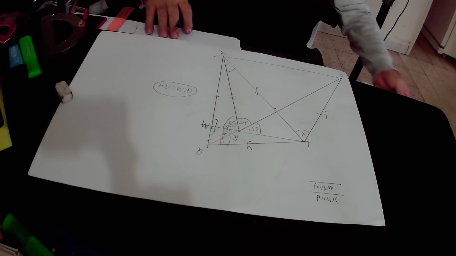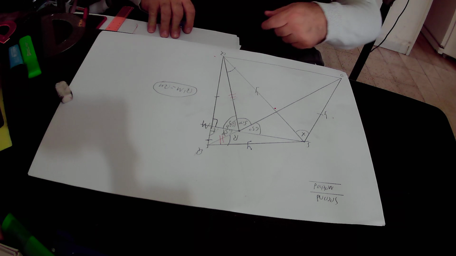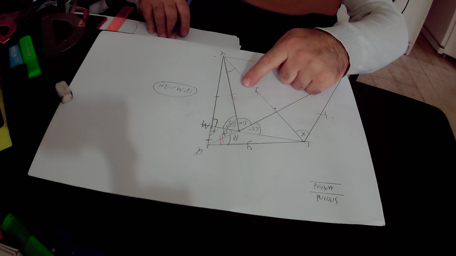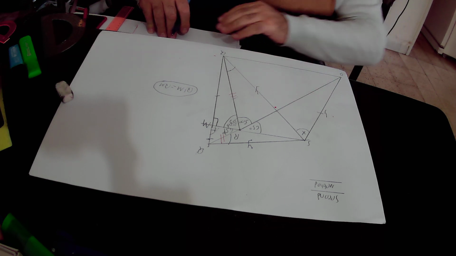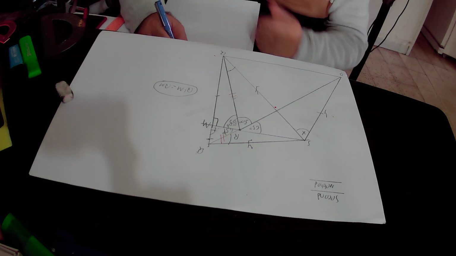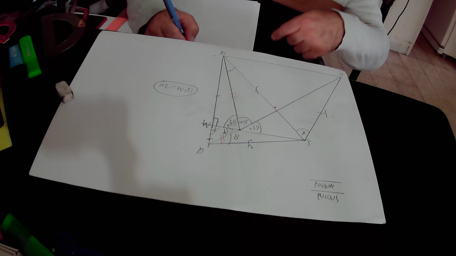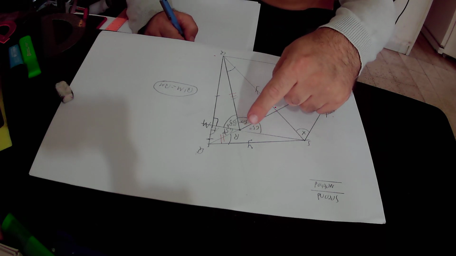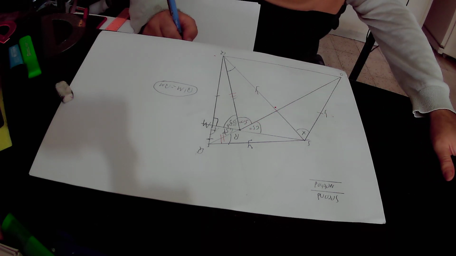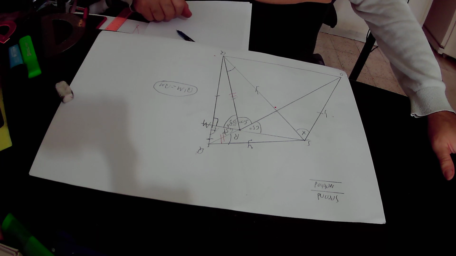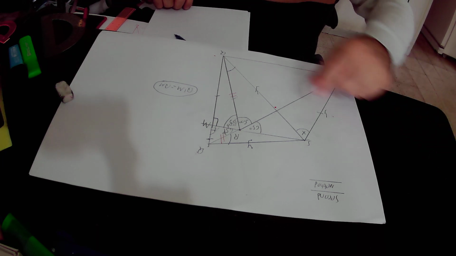We can conclude that angle SQR, this angle, is equal to angle SQ'R, according to the rule that corresponding angles in congruent triangles are equal to each other.